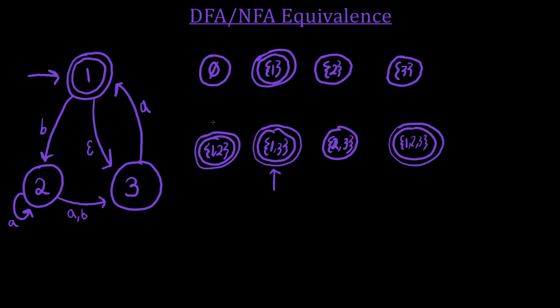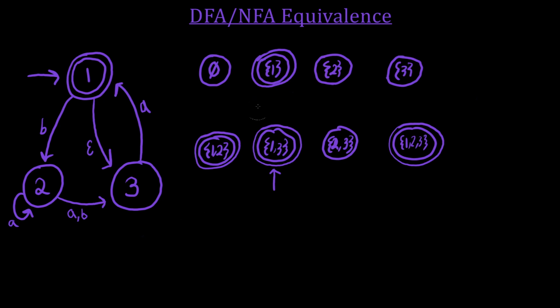Essentially, the process is this: let's say we're on a particular state in the DFA and we want to fill out the transition for character A. We want to know where we transition to from that state on character A. Let's say we're looking at this state right here, which corresponds to being in just state 1 in the NFA.